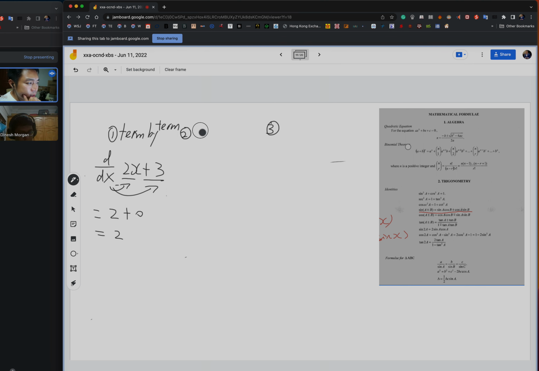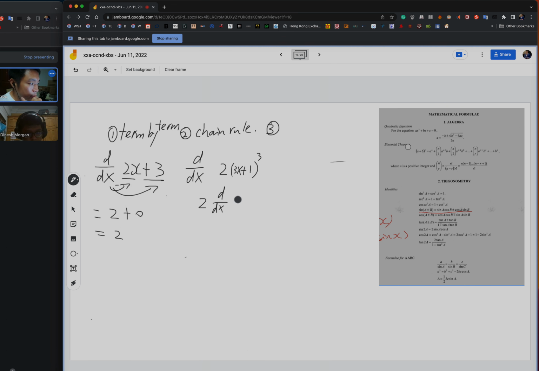Then, if I'm not wrong, this is chain rule. Can you remember chain rule? What is chain rule? Let me try to introduce, make it slightly more complicated. If you have chain rule, what you do first is you can take the 2 out of the picture, because 2 is a constant.